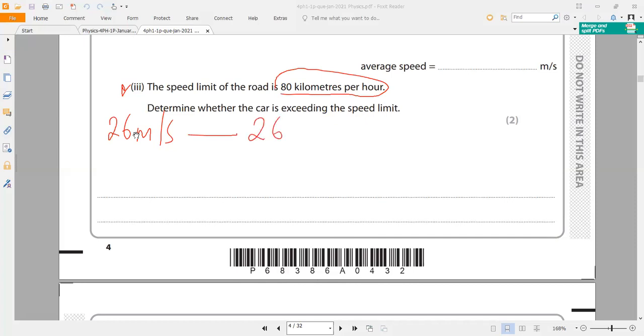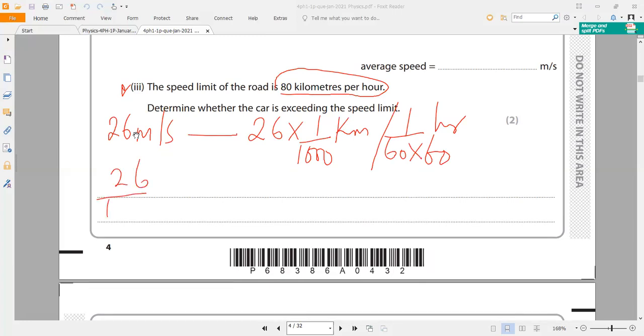So 26 meters in kilometers is 26 times 1 all over 1,000 kilometers. Remember, a meter is 1,000th of a kilometer. All over 1 all over 60 times 60, while 1 second is 1 all over 60 times 60 hour. Solving, we have this in kilometers.